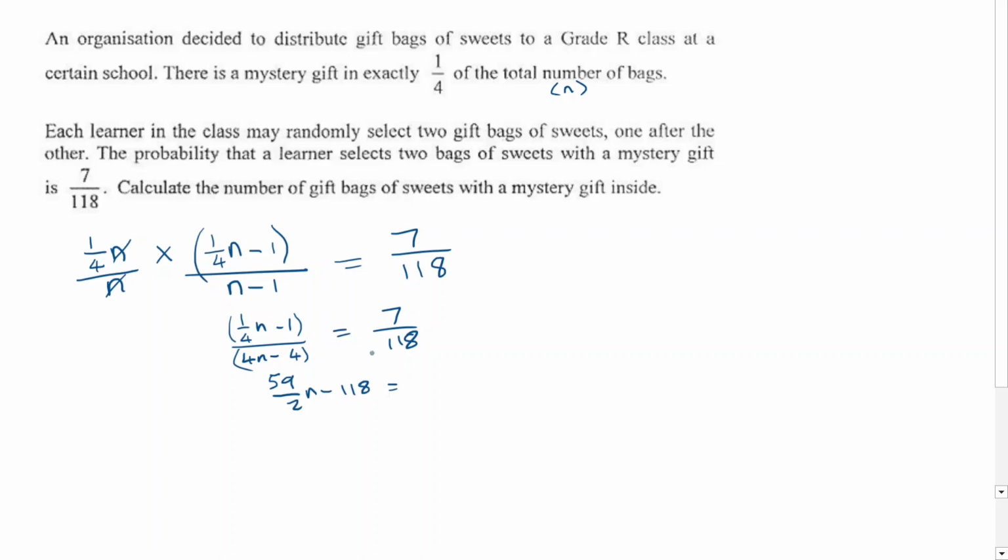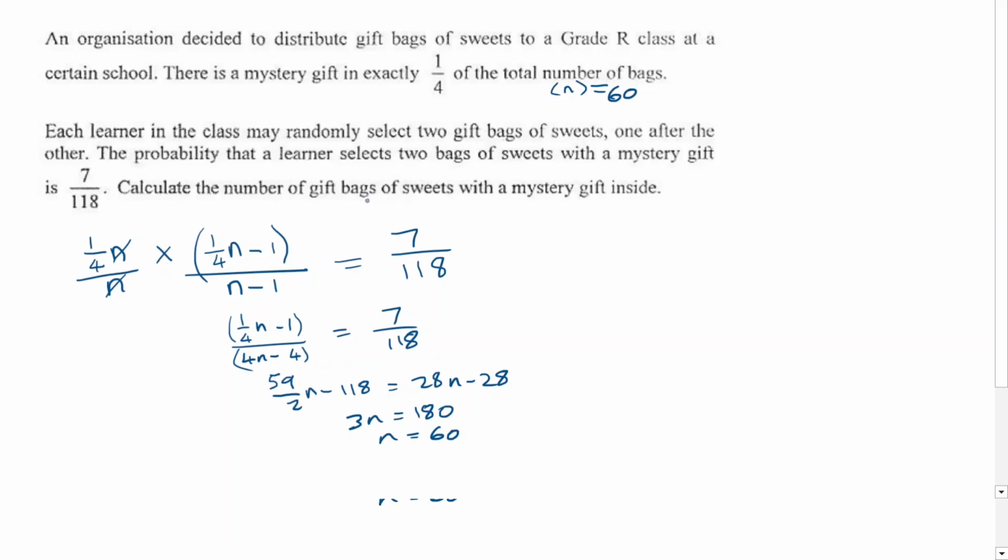And if I times this up, I would get 28n minus 28. I can times everything by 2 just to get rid of this factor. And I'm going to take all my n's to one side, and I end up with 3n equals 180. So n equals 60.